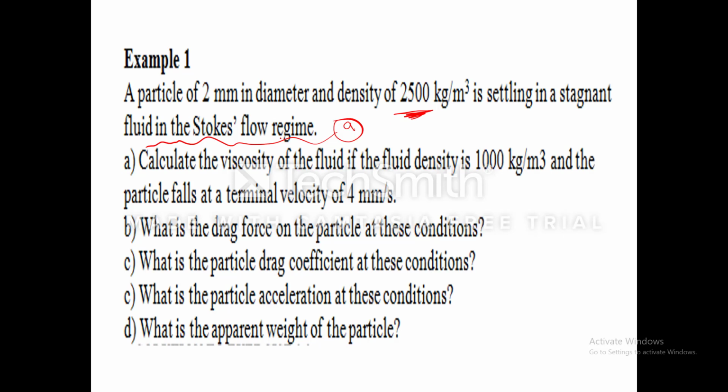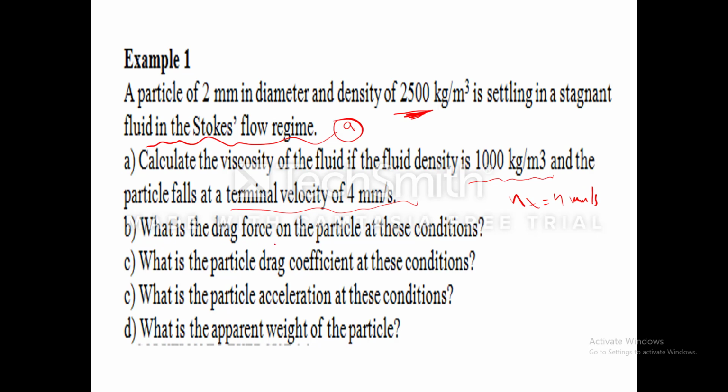He wants to calculate the viscosity of a fluid if the fluid density is 1000 kilogram per meter cube and the particle falls at a terminal velocity of 4 millimeter per second. So here he gives me the terminal velocity, which is 4 millimeter per second.